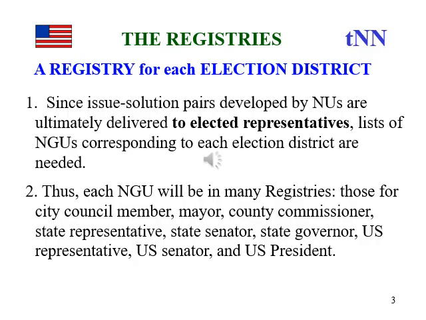Thus, each NGU will be in many registries, those for city council member, mayor, county commissioner, state representative, state senator, state governor, U.S. representative, U.S. senator, and the U.S. president.